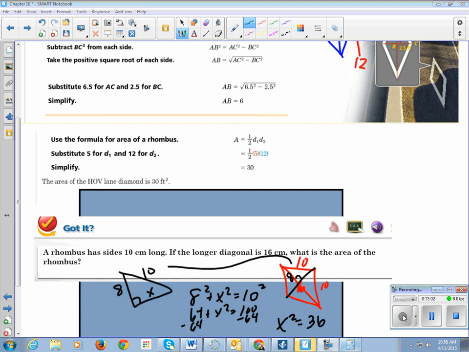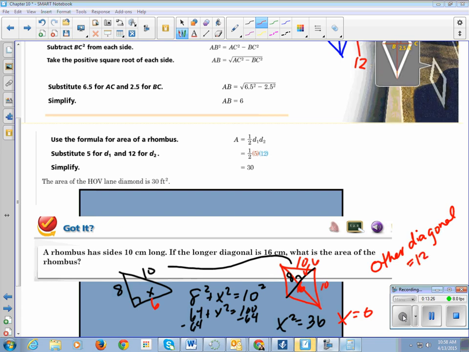Square root of 36 is 6. So this guy right here is 6. 6 plus 6 is 12. So the other diagonal is 12.